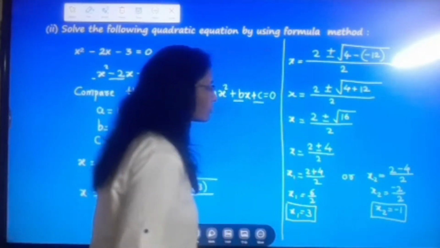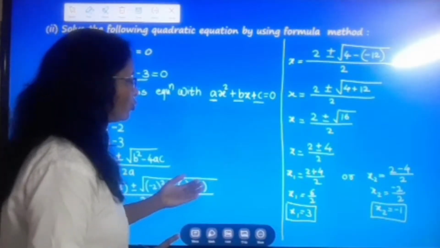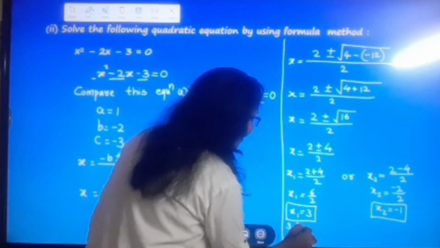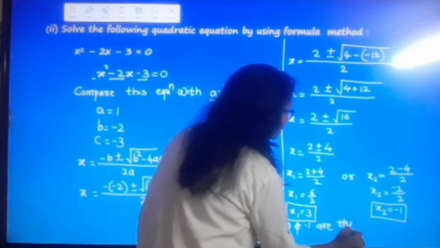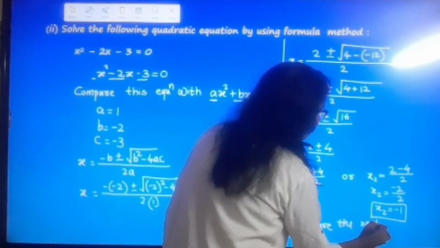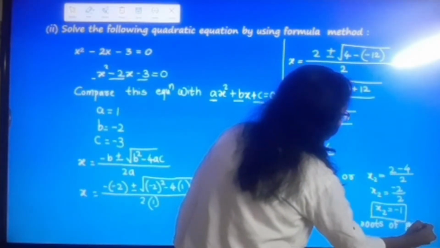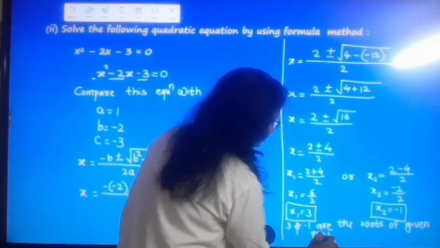These are the two roots of the given quadratic equation. So we write the final answer: 3 and minus 1 are the roots of the given quadratic equation.